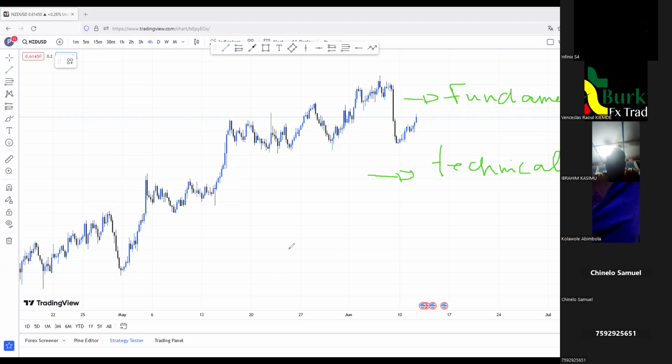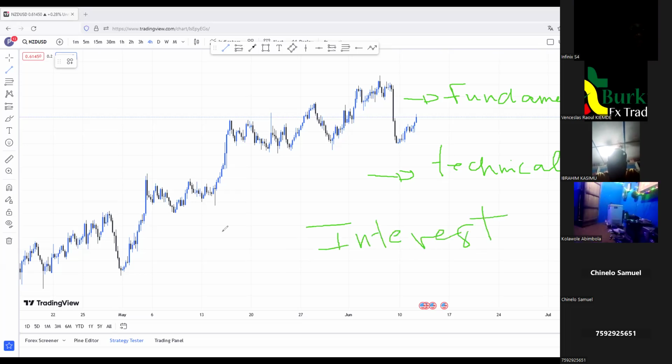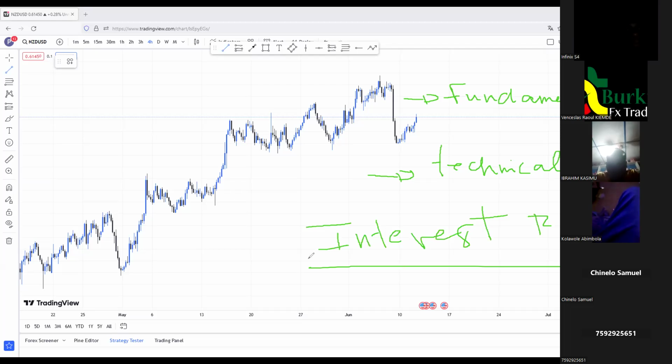I know it in French, but in English. Yeah, interest rates. My English is not that good, so don't worry about that. So to analyze the market based on fundamentals, you will need to use this kind of information, right?